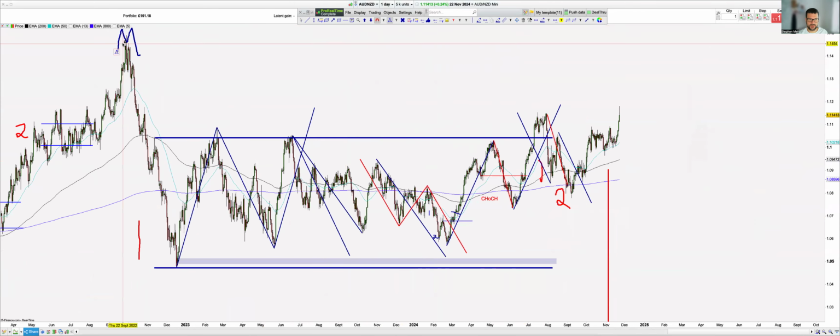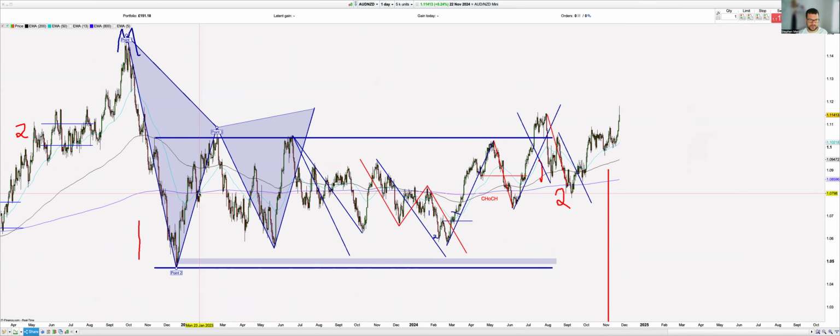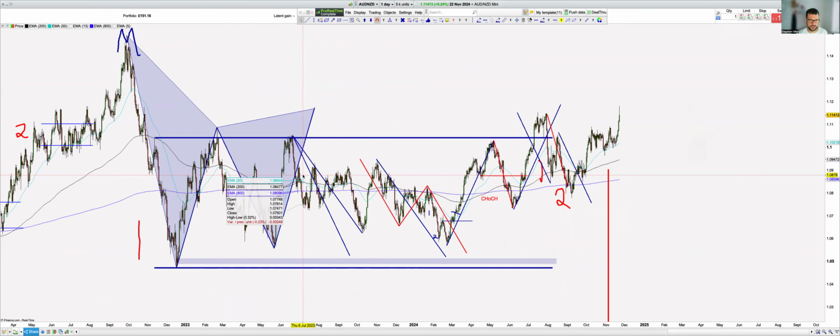It's not the prettiest. We do have a Gartley pattern. Let's just start off by identifying here that we have a Gartley. Now, if we have an ABCD, that's there. Doesn't look it, but it is. Let me just double check. Yeah.